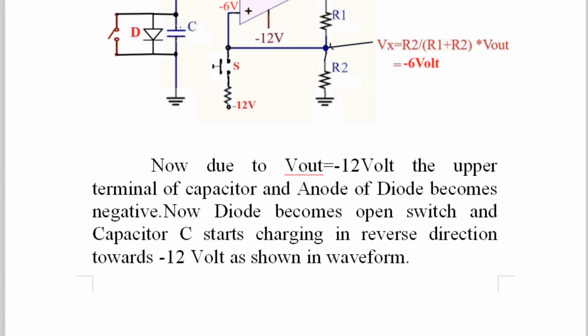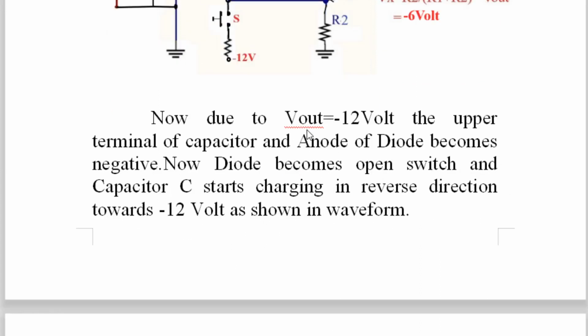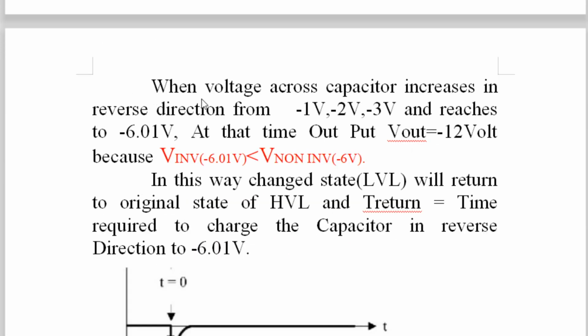Let us see now that, due to Vout of minus 12 volt, the upper terminal of the capacitor and the anode of the diode become negative. Now the diode becomes an open switch and the capacitor starts charging in reverse direction towards the minus 12 volt, as shown in the waveform that we have seen.